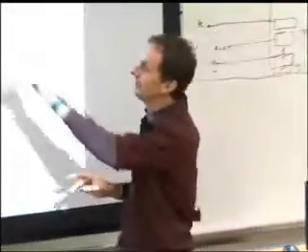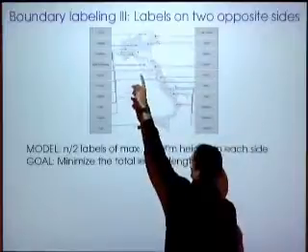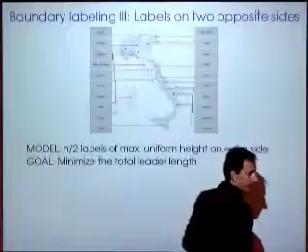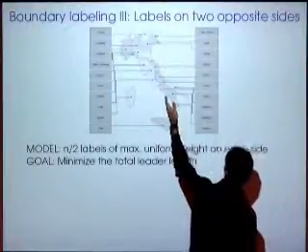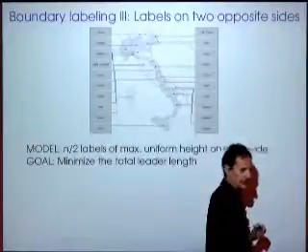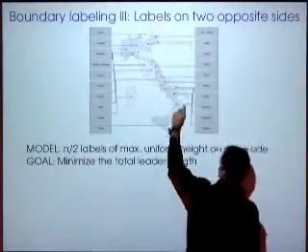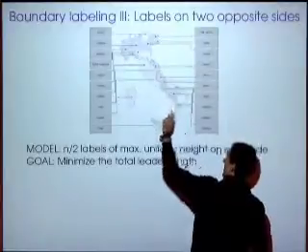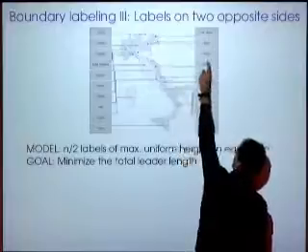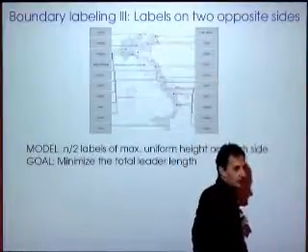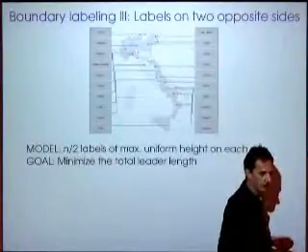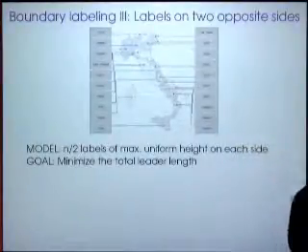So many points in the north are on the left, and in the south are on the right. If you split it exactly in half, then points that are in this area would be connected over there. And that would make very long leaders, and we want to avoid that.